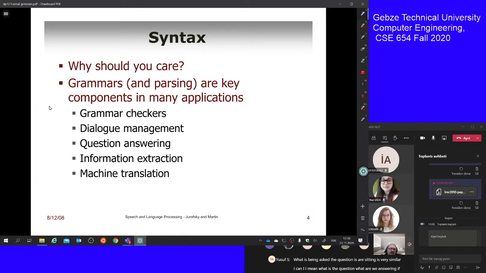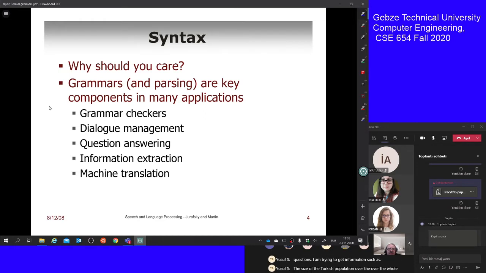Information extraction: you have a very large text, such as the text on the web, and I am trying to get information such as the size of the Turkish population over the whole world.